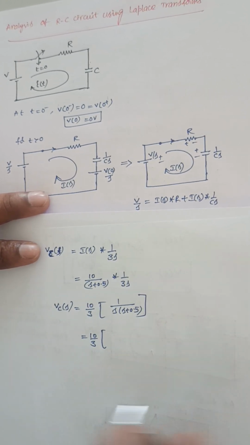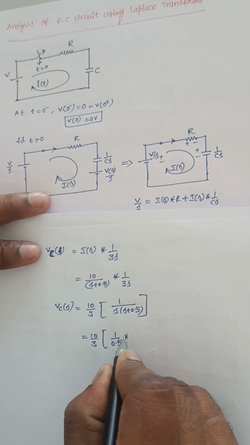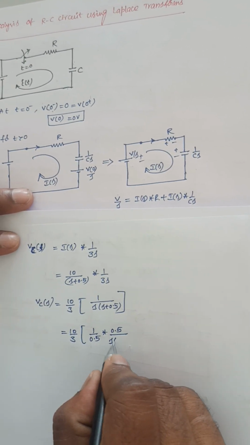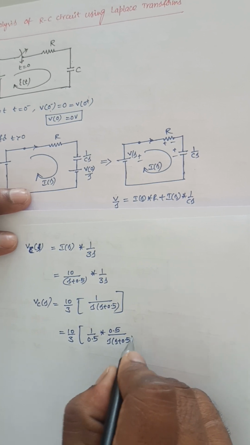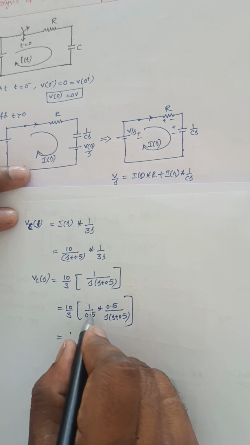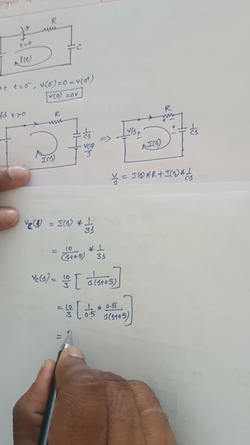To find the partial fractions, I am dividing with 0.5 and multiplying with 0.5 for s into s plus 0.5. 1 by 0.5 is 2, so 2 into 10 is 20 by 3.